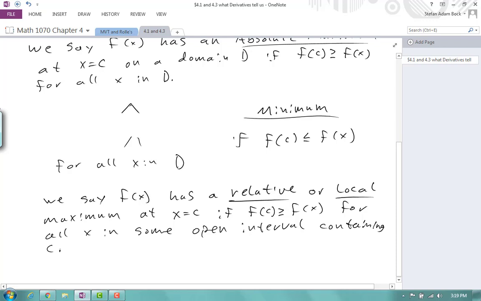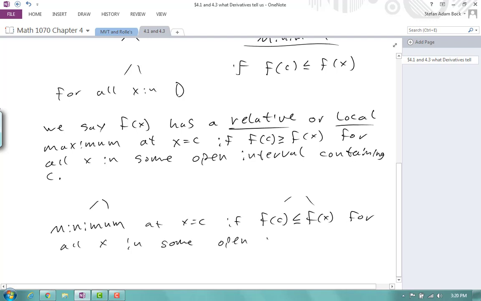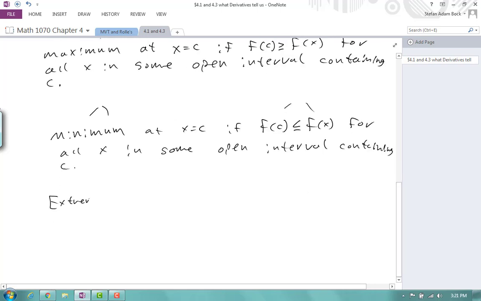We'll say that f of x has a relative or a local maximum at x equals c if f of c is bigger than f of x for all x in some open interval containing c, which is just a fancy way of saying it's bigger at x equals c than it is at all the points near x equals c. And similarly, we'll say we have a relative or local minimum if f of c is smaller than the other x values. So from these definitions, we have the following theorem.